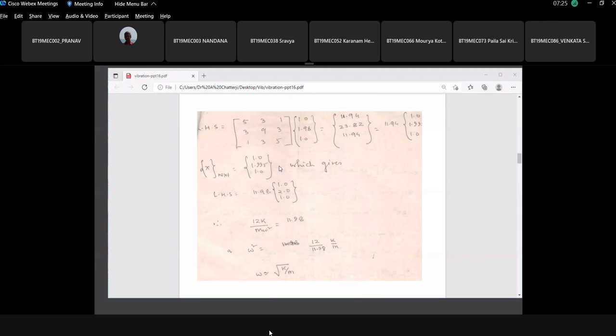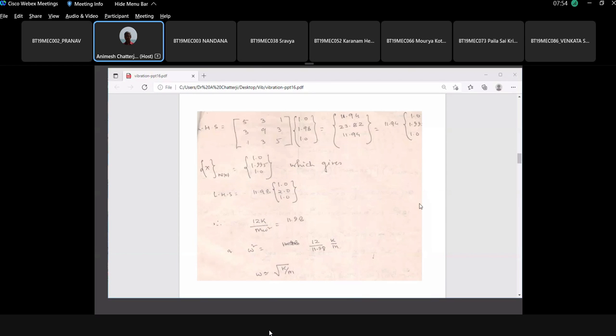I have given you the answer. The answer is actually 12, not 11.95. The actual answer is we will get 12 here. Inside we will get 1, 2, 0, 1, 0, which will finally give omega equal to square root of k by m. That is the actual answer. But we stopped our iteration here.